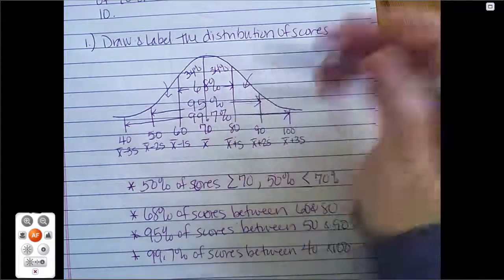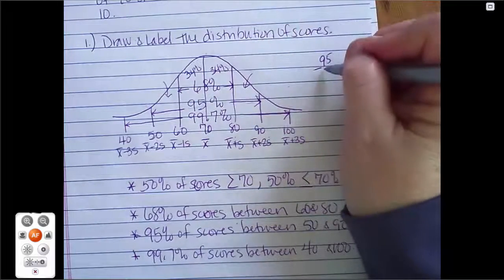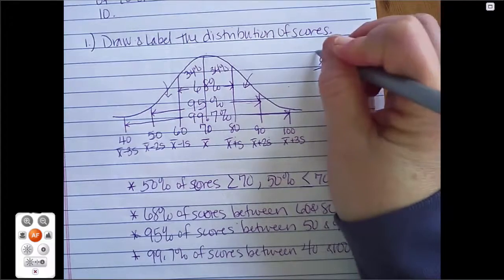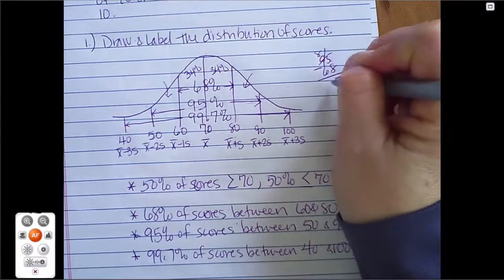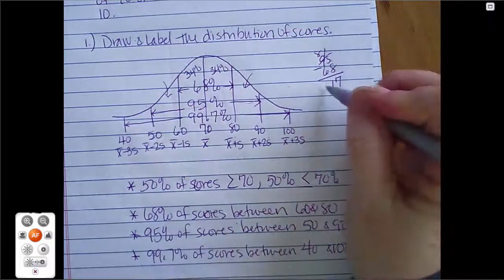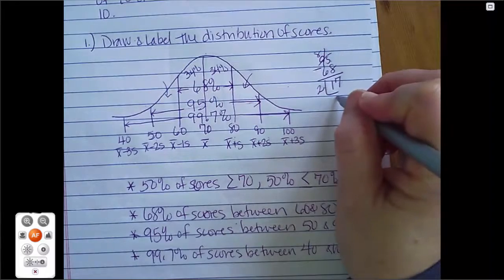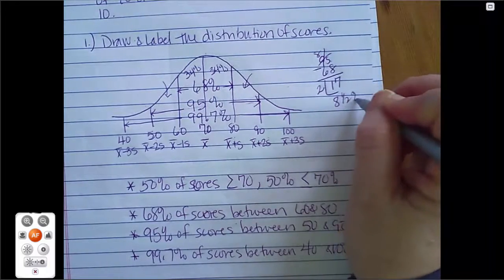So that whole width is 95%. Take out the 68% piece, subtract that out, and you get about 17%. But that's for both of these chunks, so divide that by 2, and each of those pieces would be what? About 8.5%.